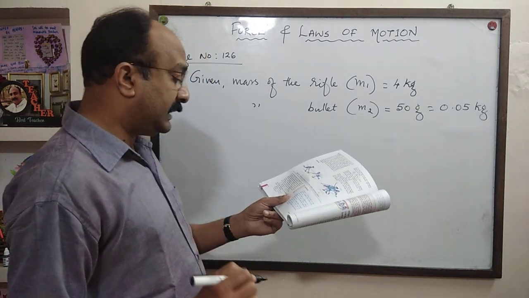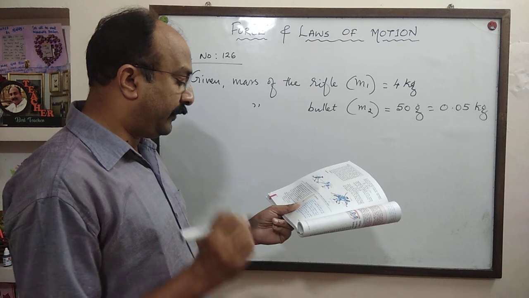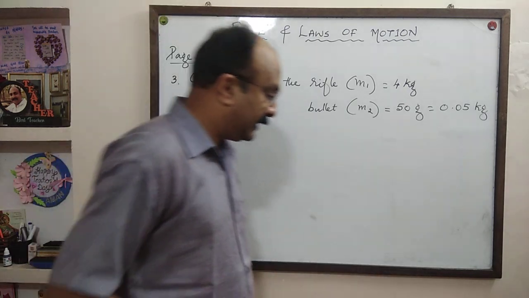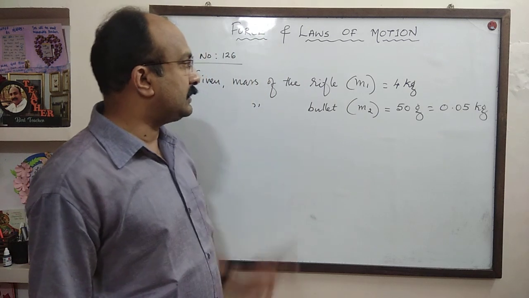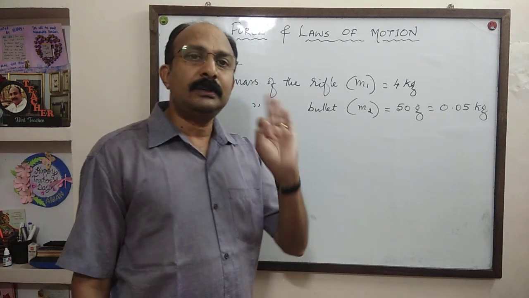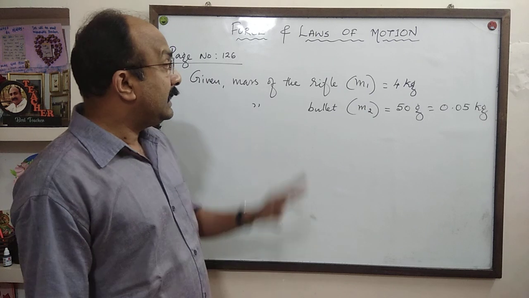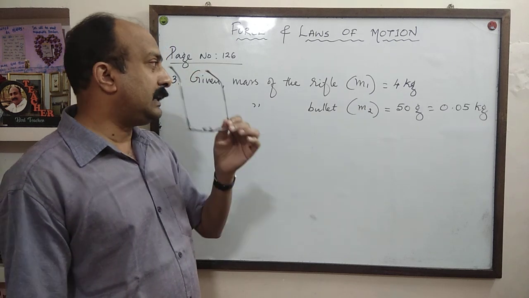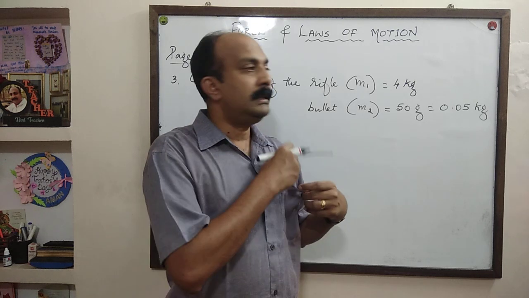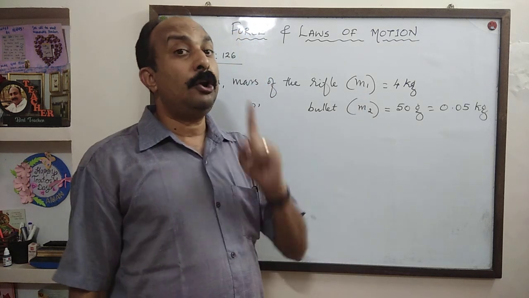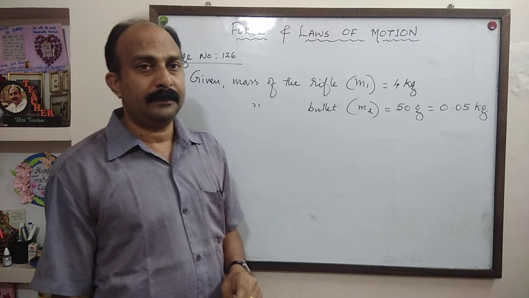Bullet is fired with an initial velocity of 35 meter per second. Even though initial velocity is mentioned in this question, it is not actually initial velocity. Initial velocity in this case is 0. Why? This is the case of law of conservation of momentum.